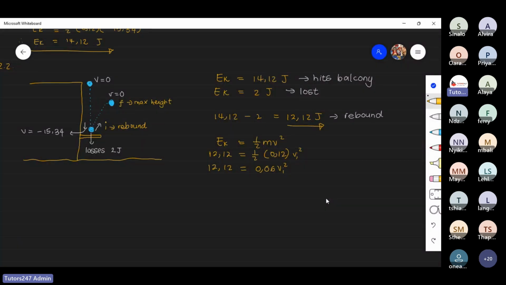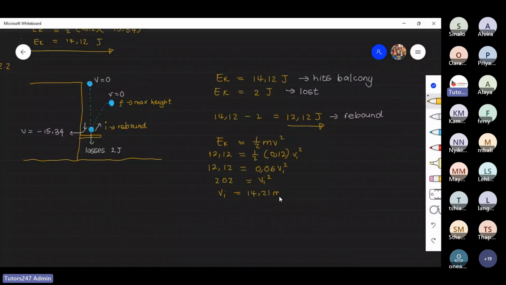Now from here, I'm going to divide both sides by 0.06. So 12.12 divided by 0.06 gives me 202 equals Vi squared. From there, I can square root both sides, and I finally end up with a velocity of 14.21.